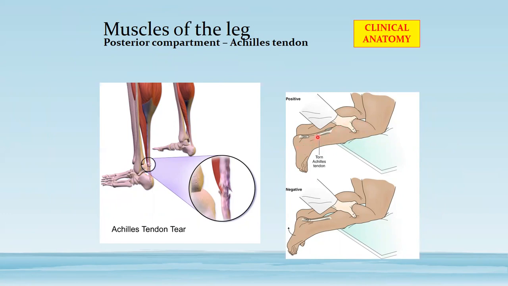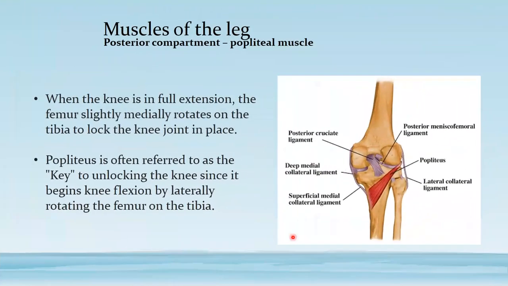If the tendon is torn, there will be no plantar flex action visible when the doctor compress these muscles. But when the tendon is intact, there will be dorsiflexion movement of the foot. So maksudnya dia okay lah.